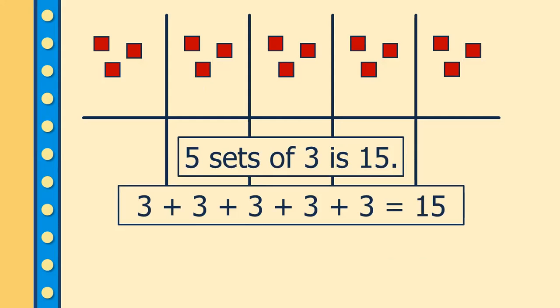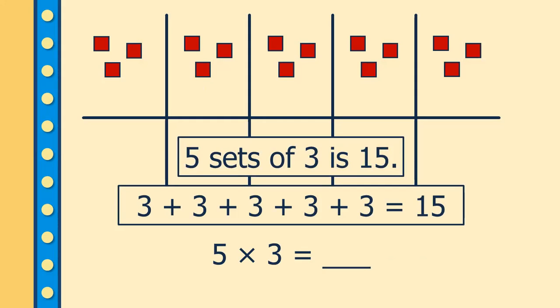Next we have up here, 5 sets of 3. And it says 5 sets of 3 is 15. We talked about that, and we showed the addition problem for that. But what you're going to learn now is the multiplication way for that. I know that some of you have already been introduced to multiplication, so this is a slight review, but this gives you a further explanation. So right here you have 5 times 3, and this represents 5 sets with 3 in each group.